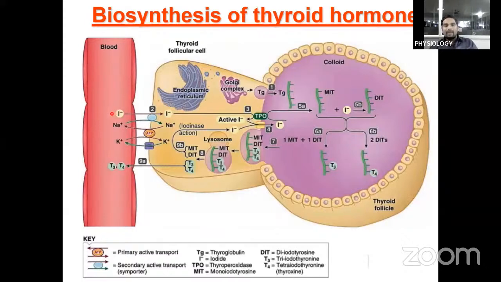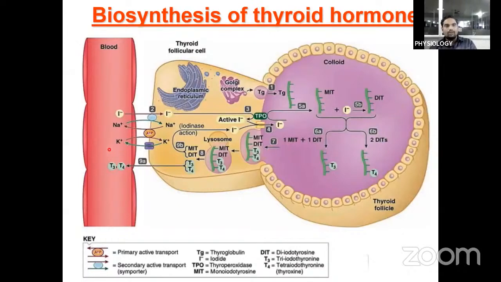That means influx of iodine into your follicular cells will also increase. By increasing your iodine, it can reach the colloid with the help of peroxidase enzyme. So in that way, it can increase your iodine level, and in that way, it can produce your thyroid hormone.